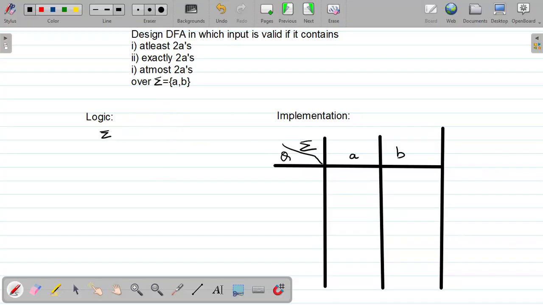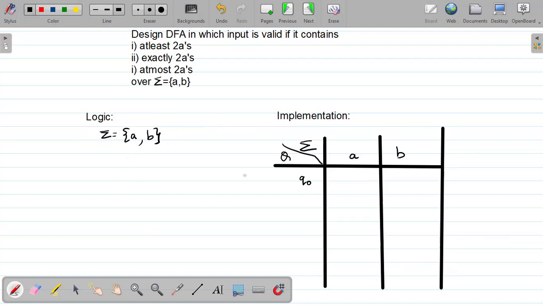So in the logic part, we'll write the input first: a, b is the input. Then the question is at least 2 a's, exactly 2 a's and at most 2 a's. All these three can use the same transition table, so we'll see how it is done.